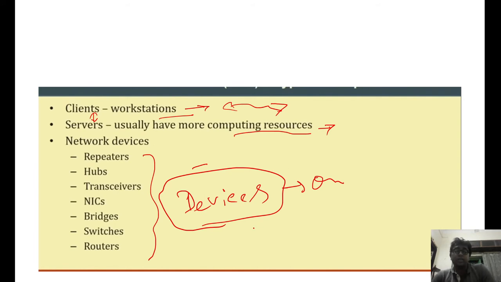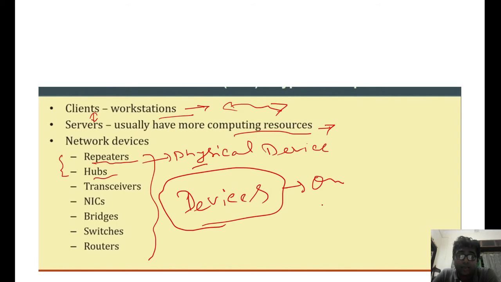First, let's go through the device named repeater. This device is used in the physical layer. The function of a repeater is to strengthen the signal being transmitted from one entity to another.